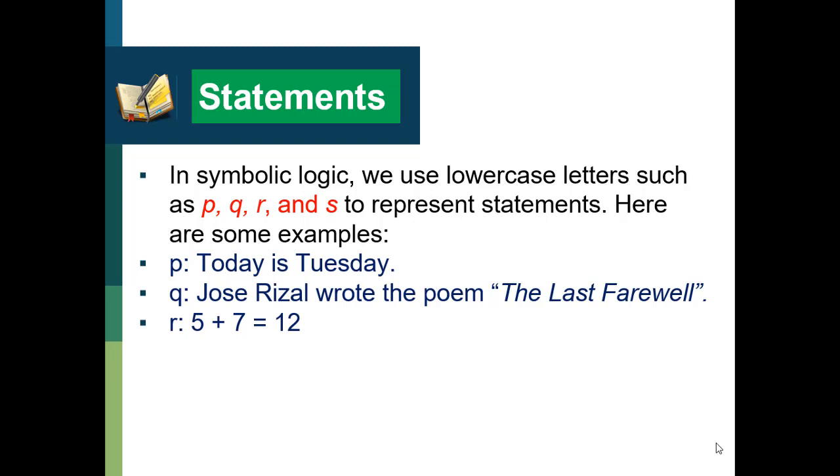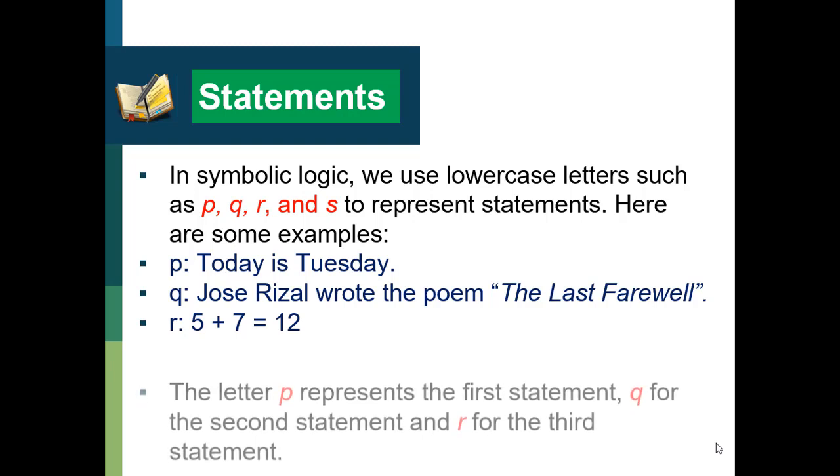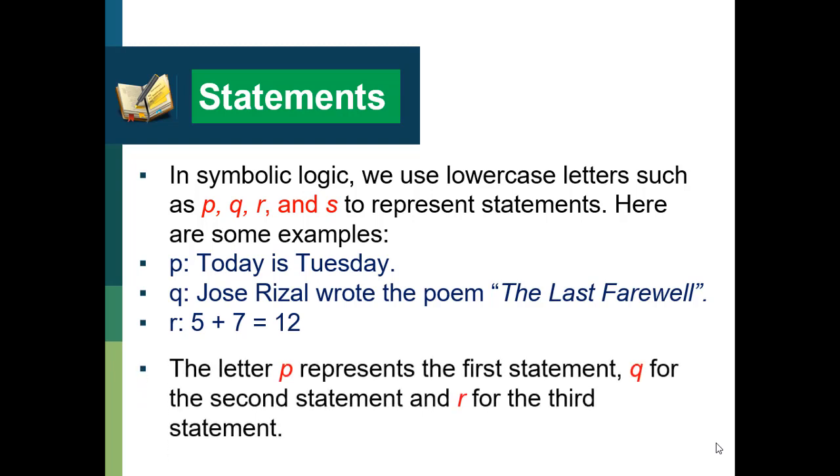Although it is not written in words, we know that 5 plus 7 is equal to 12 is a statement because it can either be true or false. Now, the letter P represents the first statement, Q the second statement, and R the third statement.